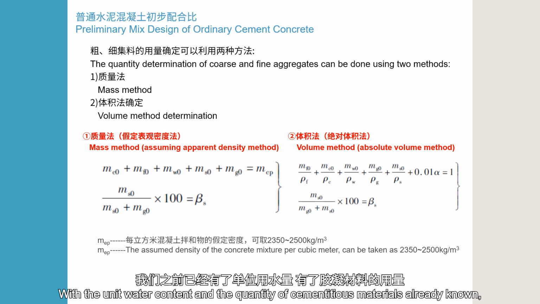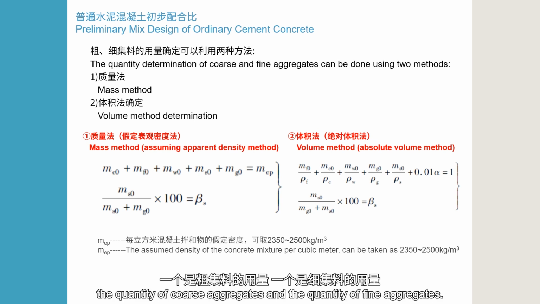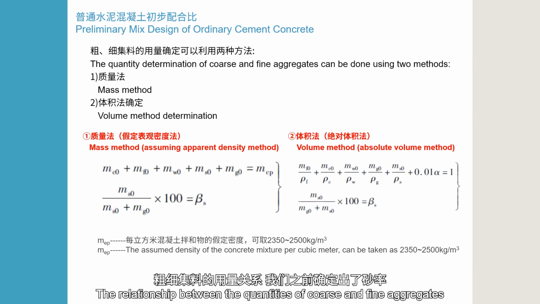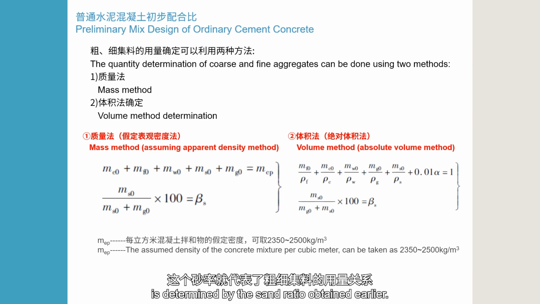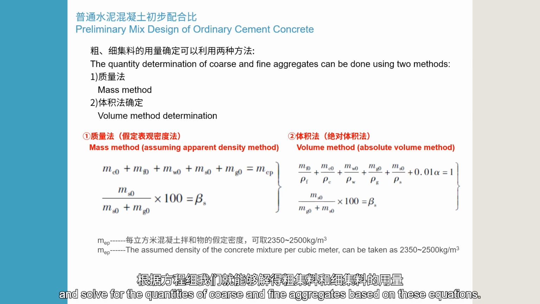With the unit water content and the quantity of cementitious materials already known, there are only two unknowns: the quantity of coarse aggregates and the quantity of fine aggregates. The relationship between the quantities of coarse and fine aggregates is determined by the sand ratio obtained earlier. Thus, we can establish a system of linear equations as shown in the figure above, and solve for the quantities of coarse and fine aggregates based on these equations.